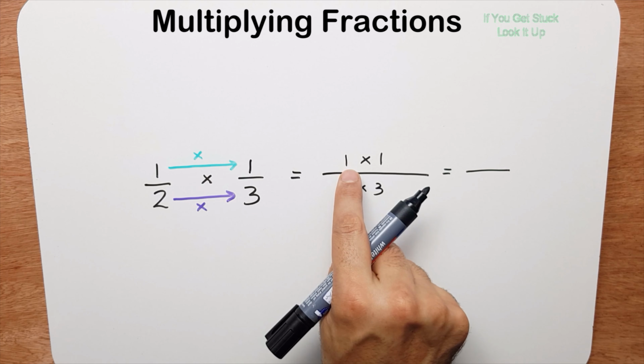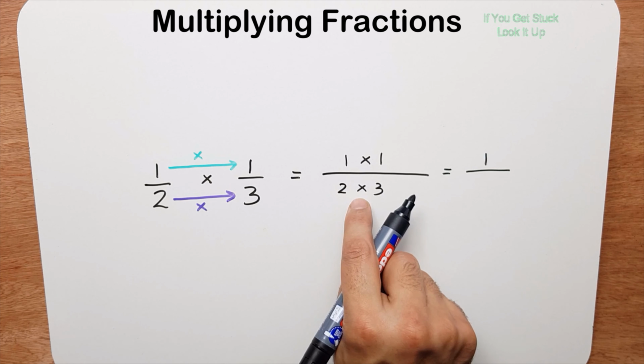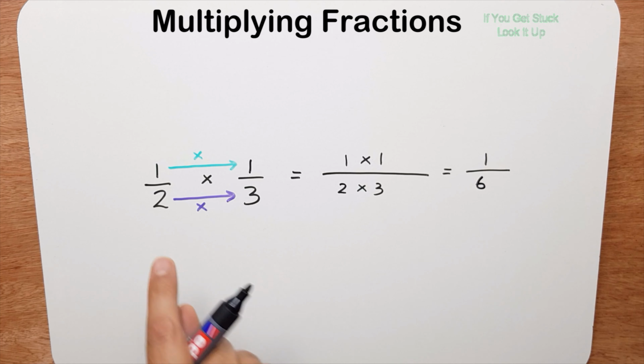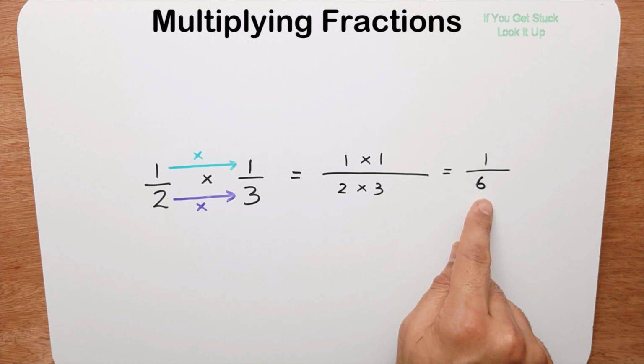Fraction line. 1 times 1 is 1, 2 times 3 is 6. So 1/2 times 1/3 is 1/6.